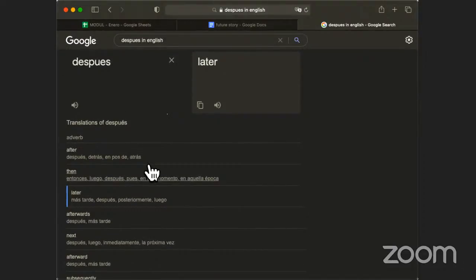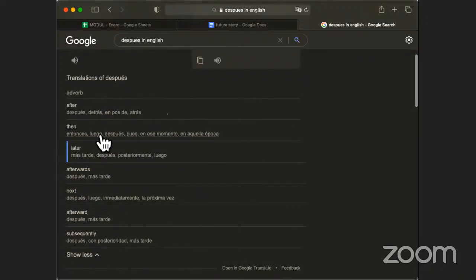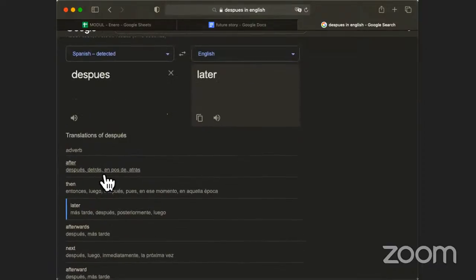For example, you're saying, oh, John had a really difficult year in 2021, and then you want to add information, and then you can go, then, and then you continue explaining. You can say afterwards, it really depends how you want to write it. It's up to you guys.